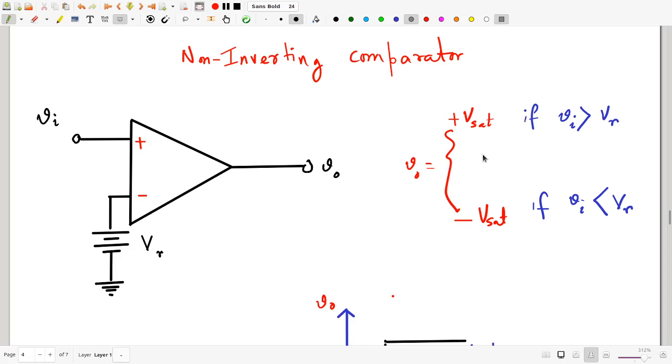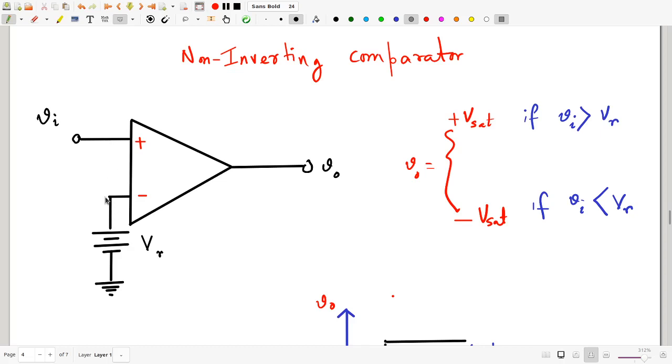And what is the output going to be like? The output is going to be plus Vsat if Vi exceeds VR here. So that is the non-inverting part of the name, non-inverting comparator. It compares Vi with VR, but when Vi is more than VR, you are going to get plus Vsat. Remember, Vd is now Vi minus VR.